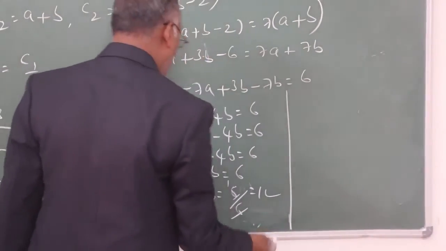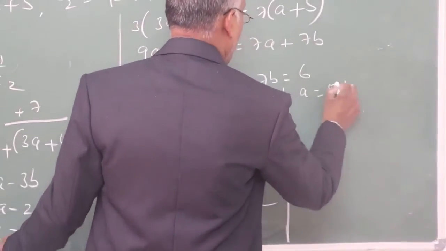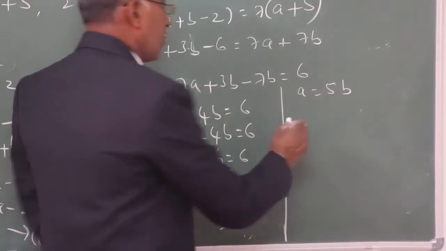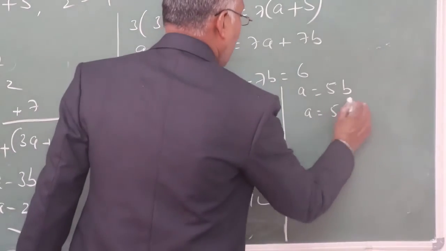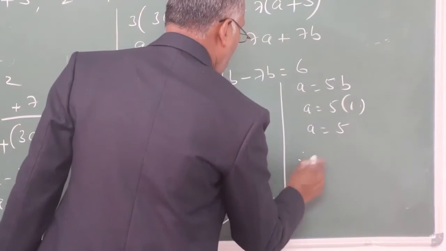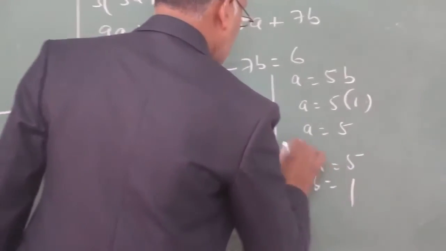Now we have to find out a. You know very well that a equals 5b. But the value of b we have obtained here as 1. Substitute here: a equals 5 into 1. a equals 5. Therefore, a is 5 and b is 1.